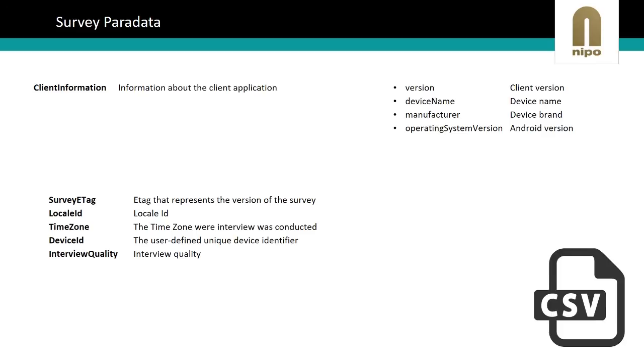Of course you will be running the Nfield client on your device, on your tablet or on your phone, and here is the information about the app. Your version, device name, manufacturer, or who built your device, and the operating system.